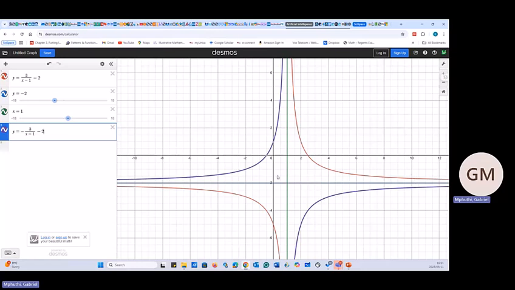Now you can see that initially it was in the first and third quadrant, but now the transformed function is in the second and fourth quadrant. So it was just simply a minus.